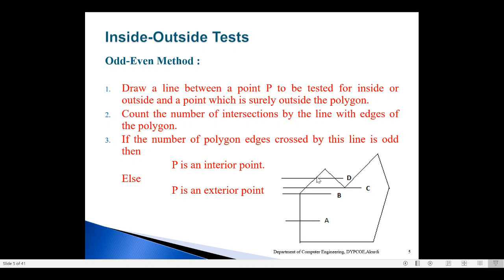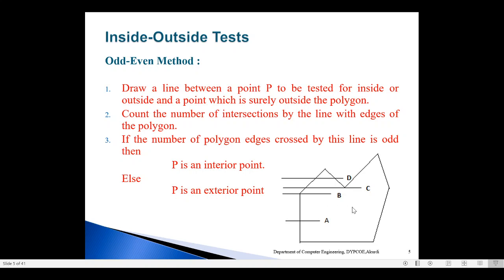If these two polygon edges are lying opposite to the scan line, then we have to consider this intersection only once. So there will be only one count at this point. By considering this as a single point, we again use the same technique. We have to count the number of intersections, and then accordingly find whether the point is inside or outside.